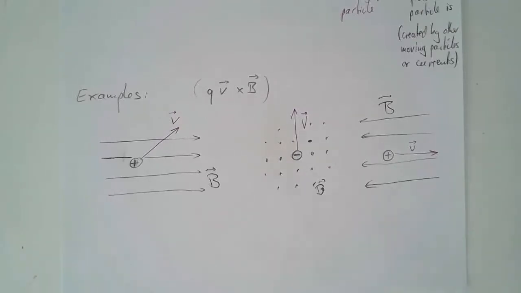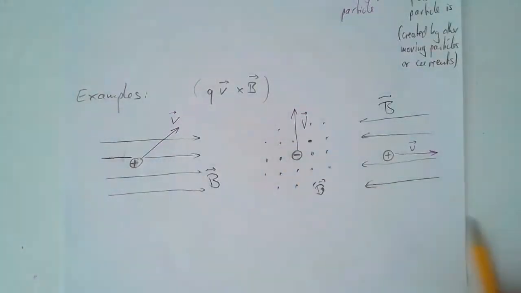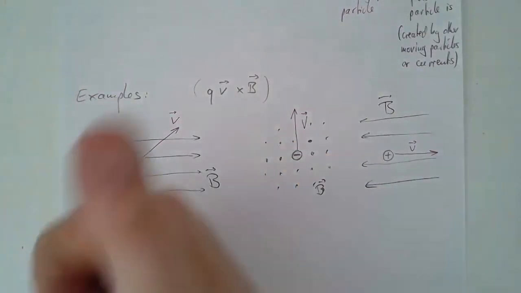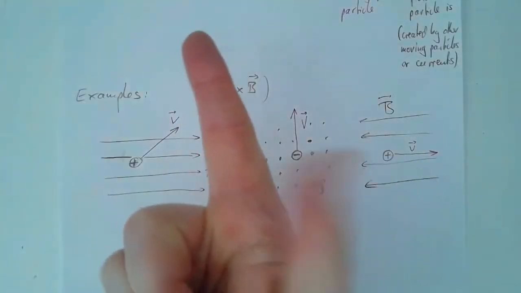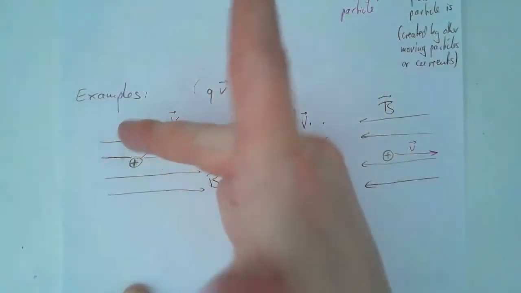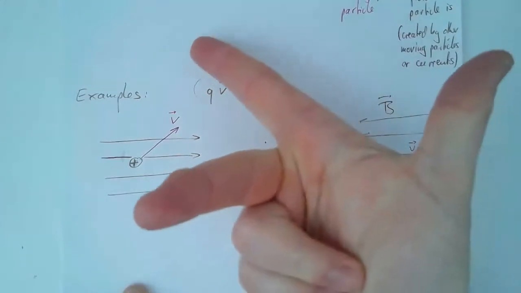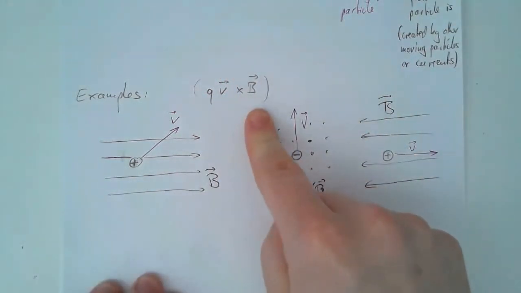So remember, for the cross product, we're going to use the right-hand rule. The right-hand rule says your thumb points in the first direction, like the first vector. The second finger, the index finger, points in the direction of the second vector, and the middle finger, if you hold it in this perpendicular shape, is going to give you the direction of the resulting vector.